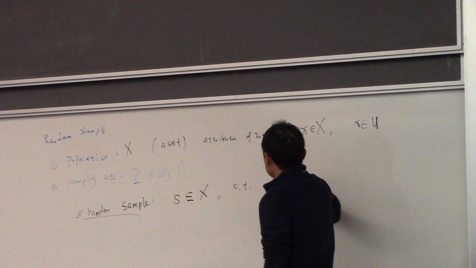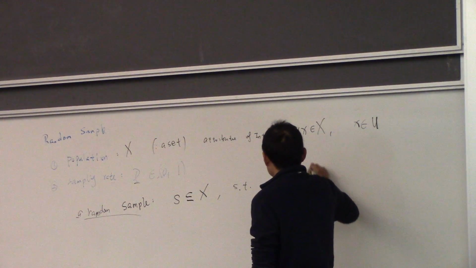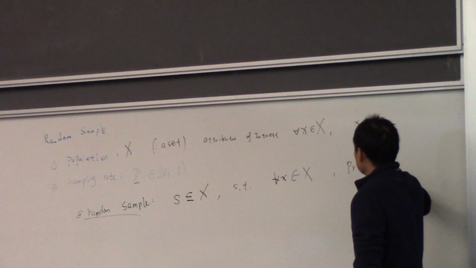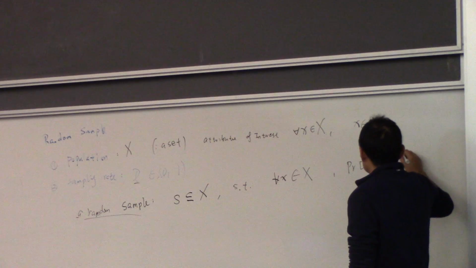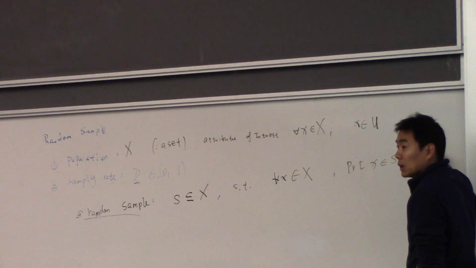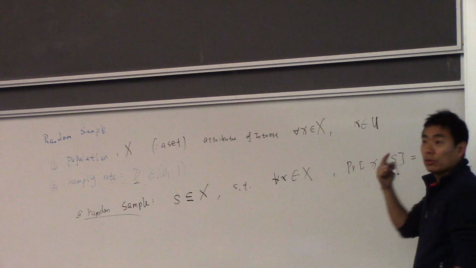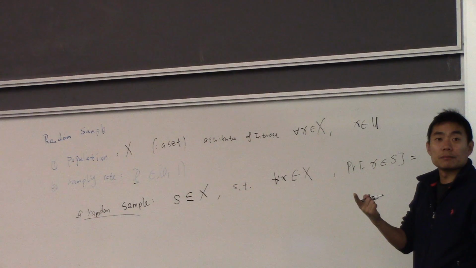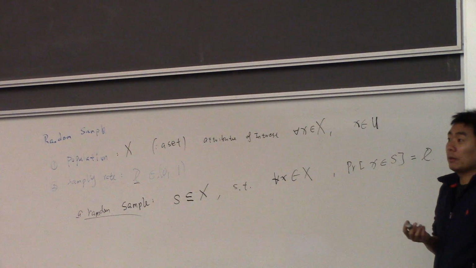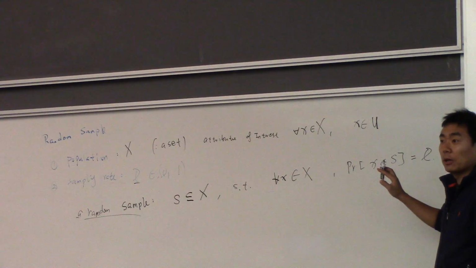for any element small x from the capital set X, what's the probability x is in S? Well, this probability must equal your sampling rate, rho. Simple, very simple argument, right?